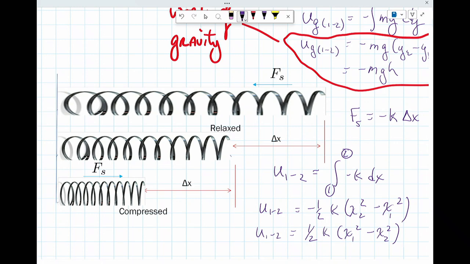So if I do the integral, x1 to x2, position 1, position 2, I'll end up with work 1 to 2 is minus 1/2 k (x2 squared minus x1 squared). Now I really don't want to leave it as a minus here anyways, so I'll just flip these signs around. So it becomes 1/2 k (x1 squared minus x2 squared).